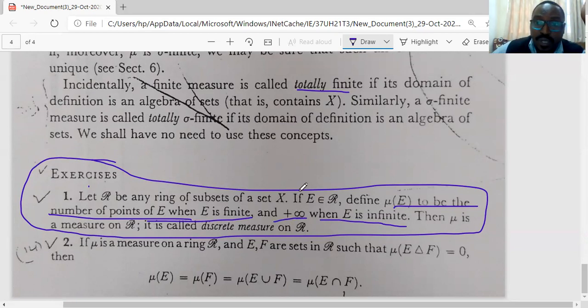So you define mu to be two things. Mu of E is defined in twofold. One, it is defined as the number of points of E when E is finite.